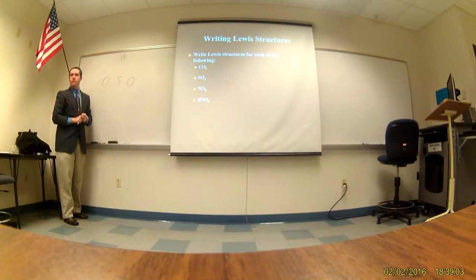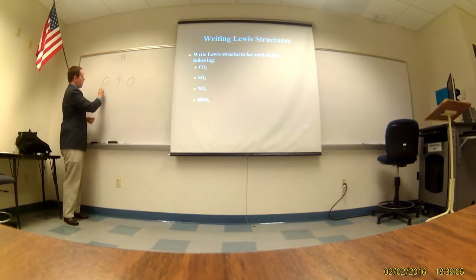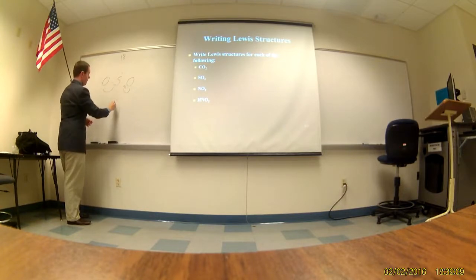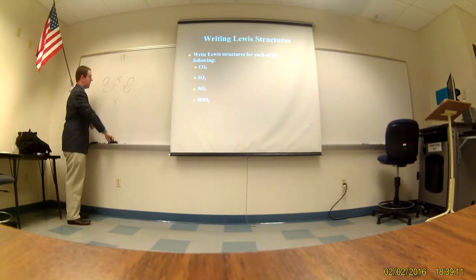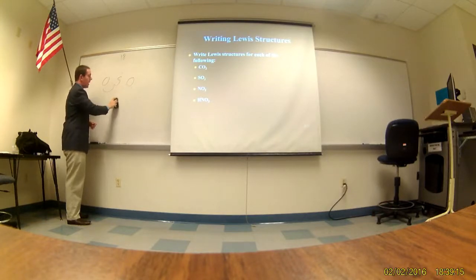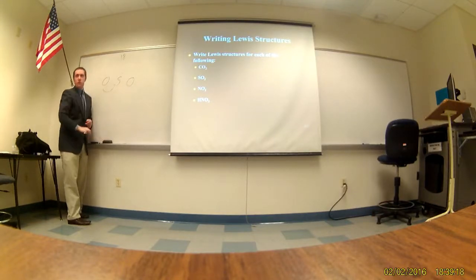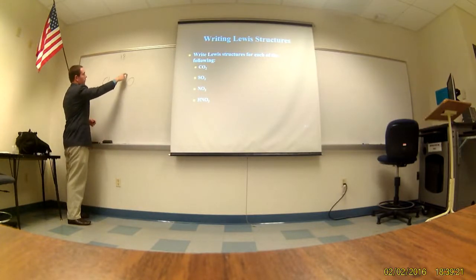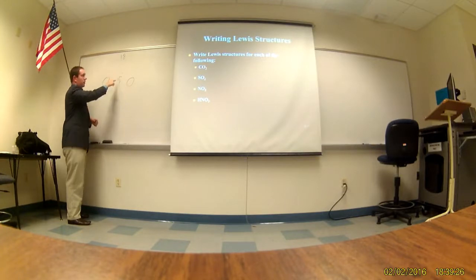Give it a double bond with the oxygens. If I do that, not both of them, just one. In this case, you can't satisfy all the rules. Because if I move them both, then sulfur is going to have double bonds, single, and a lone pair, a pair of electrons here.